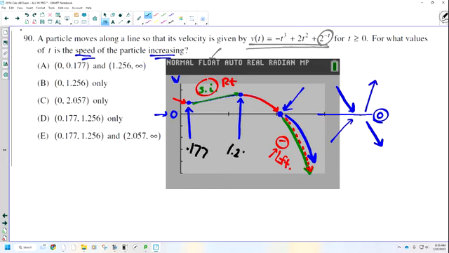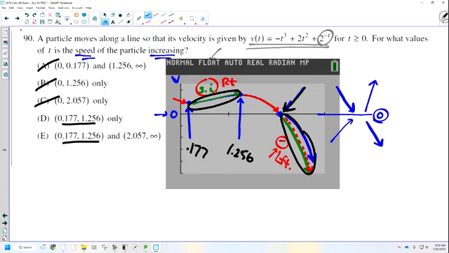So it's got to include this. Yes, yes. No, it's not this one. No, it's not this one. No, it's not this one. And we know it's not only that. It's also got to include this 0, which, guess what, if I do it, is 2.057. So anything bigger than 2.057. Guess what? My option? Choice E.